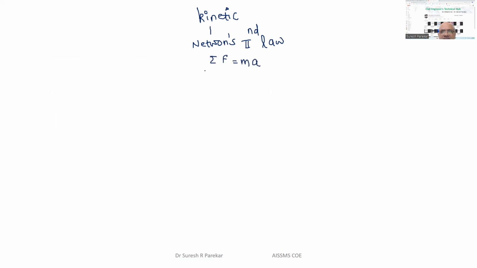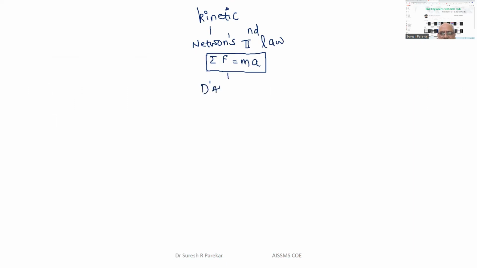This is the only law actually which we have to use. Others are derived from this. So the whole of kinetics rests only on Newton's second law, summation F is equal to ma.